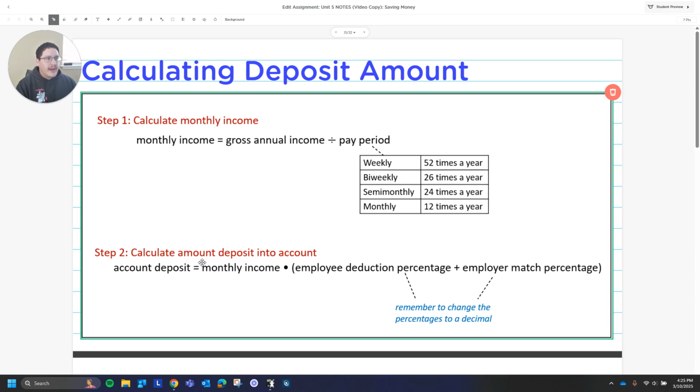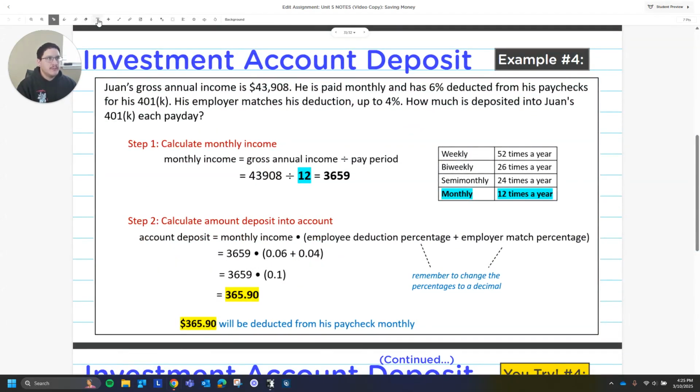And then step 2, calculate the amount that gets deposited into the account, which will be the monthly income multiplied by the employee deduction and the employer match percentage added together. And then remember, we're going to change these percentages into decimals. So let's look at an example.